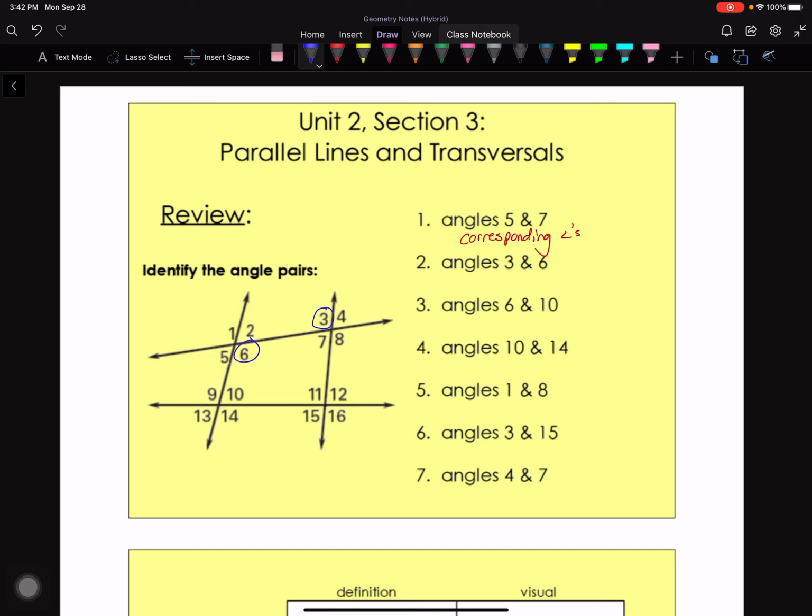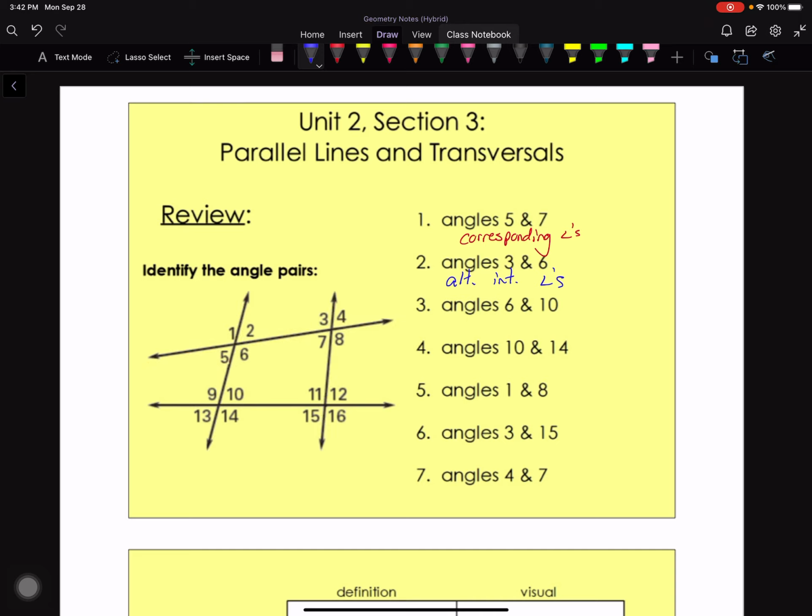So it's kind of hard to see, but we have a line here and a line here and a transversal here. So we're not even doing anything with this line down here. So what we have is lines on the inside, and they are on opposite sides of the transversal, so we have alternate interior angles.